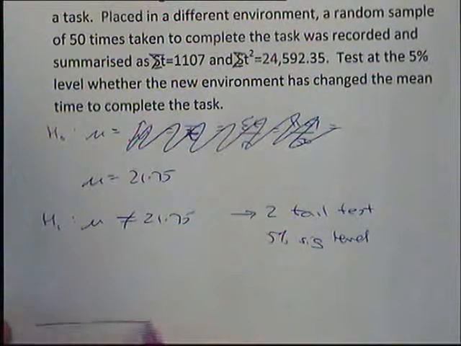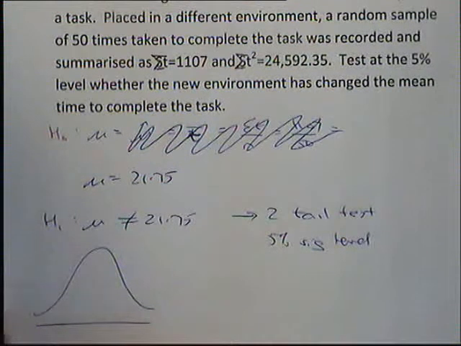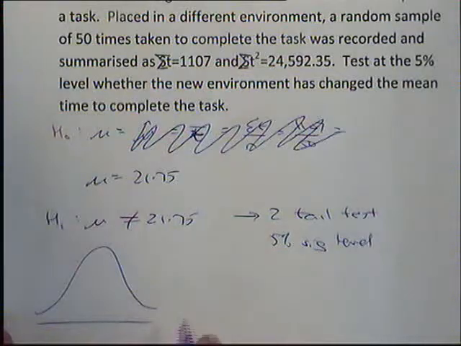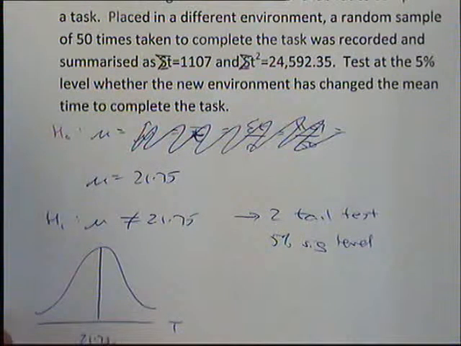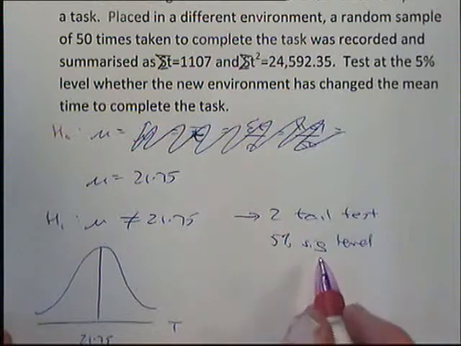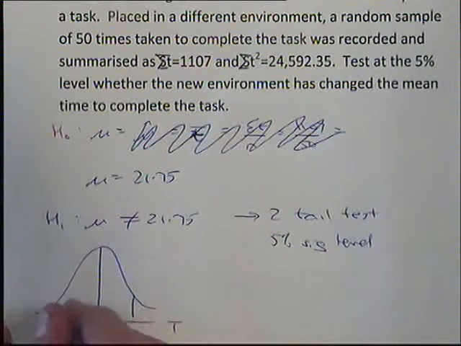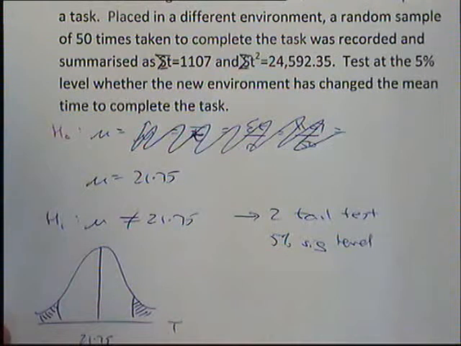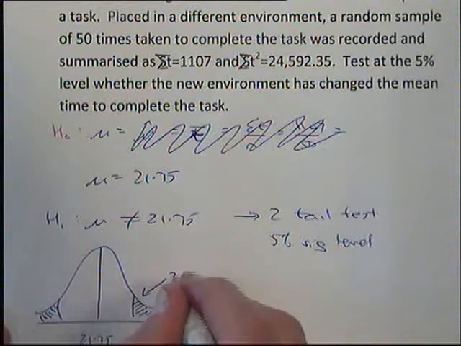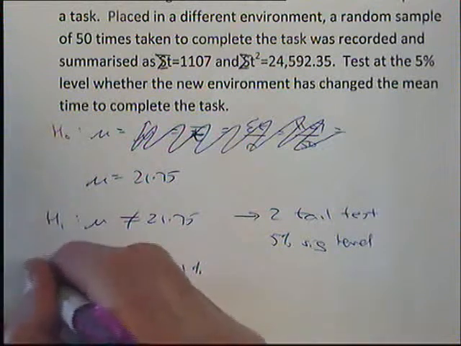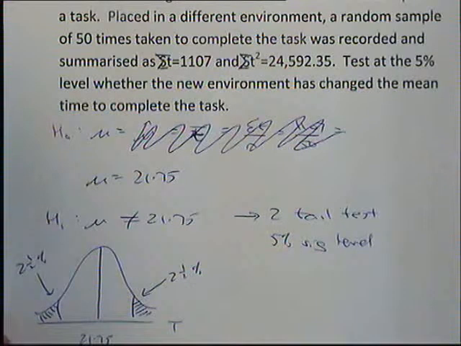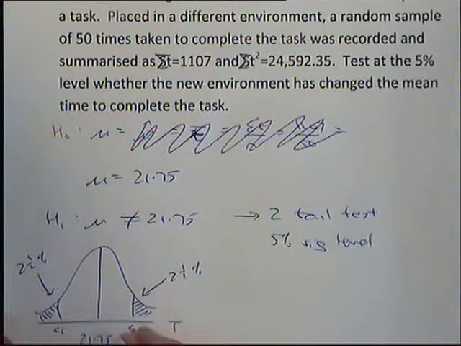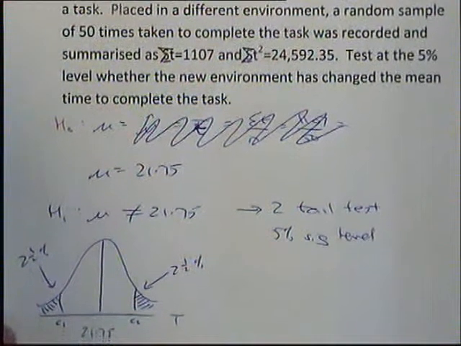So, diagram to start with. Assuming H0 is true, we are dealing with T, mean 21.75. Two-tail 5%. What's going to be the area at each of these endpoints? 2.5%. Yep, 2.5% there, 2.5% there. That gives us our 5% altogether. So we're going to be interested in two critical values, call them C1 and C2.